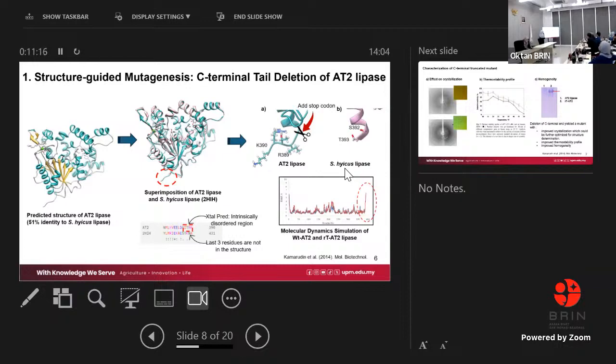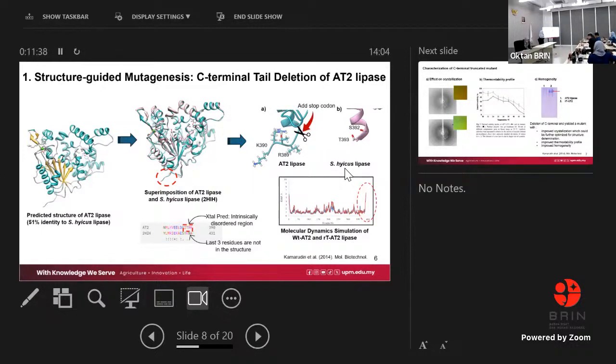Okay, and then we found that this region, the one in the circle, probably affects or provides flexibility to the enzyme structure, and probably contributes to the difficulty in getting the protein crystals.